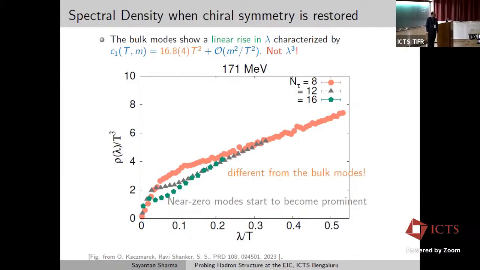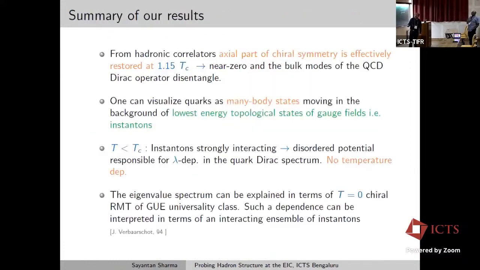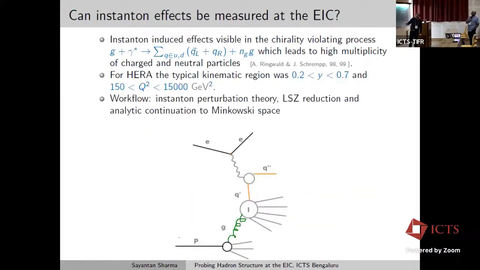Okay, so what are your next steps in terms of what you're going to do and looking at physics for the EIC? So as far as I understood, we have to now go beyond the dilute instanton gas regime. So one has to look at the ensembles and try to isolate instanton anti-instanton pairs and try to get a handle on the interactions. And that is what gets into this calculation of this quantity in instanton perturbation theory.